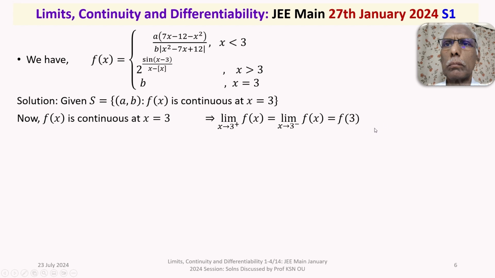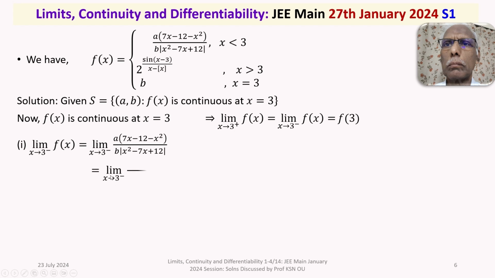Now, first we take the limit as x tends to 3 minus of f of x. As x tends to 3 minus, x is tending to 3 from the left. So from the left, the definition of f of x is this one, and that is why we have written it like that.